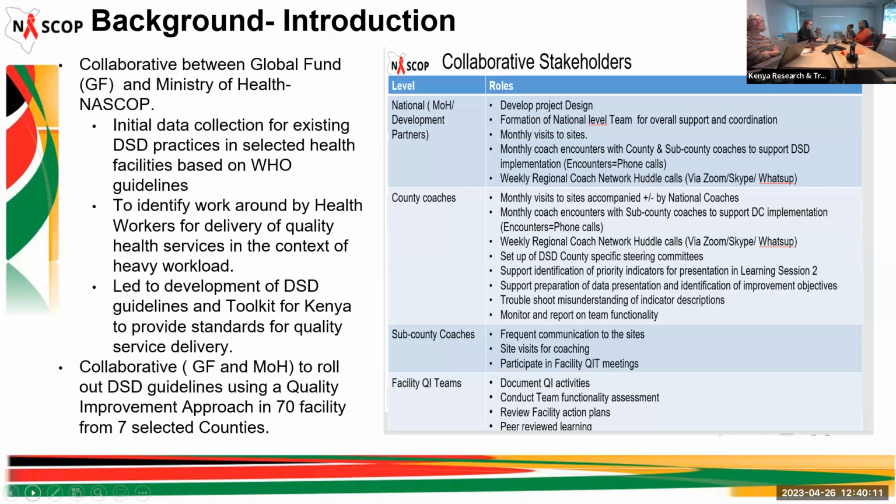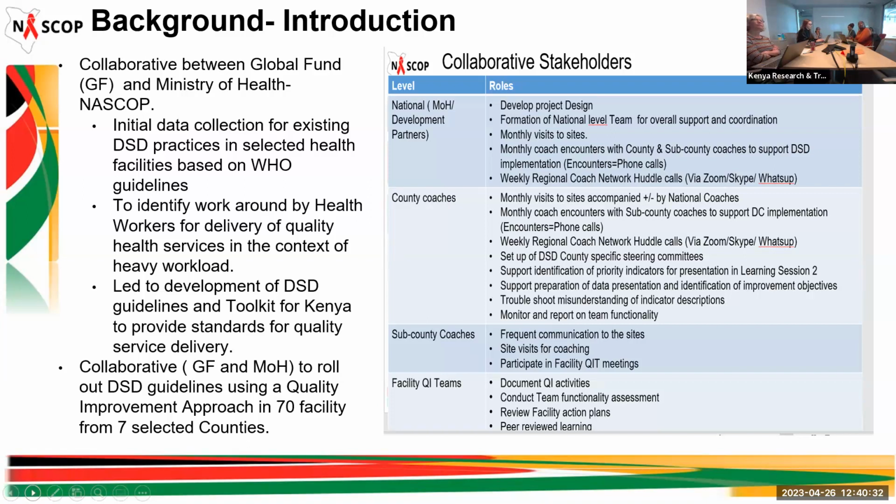And the main reason why we're doing that was to identify the workarounds for health workers for delivery of quality services in the context of the heavy workload because of the rapid scale up. So interestingly, from those findings, we realized that the workarounds were quality improvement initiatives.